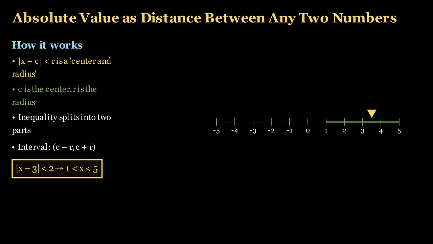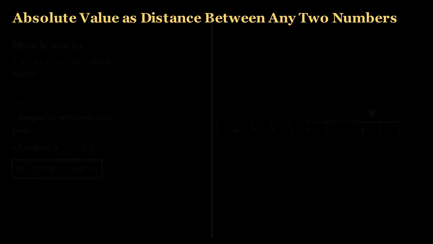Let's solve a real engineering problem. A ball bearing must have a diameter of 10 millimeters. It's acceptable if the diameter is off by at most 0.05 millimeters. We can write this condition using absolute value, |d - 10| ≤ 0.05. The center is 10, the radius is 0.05.